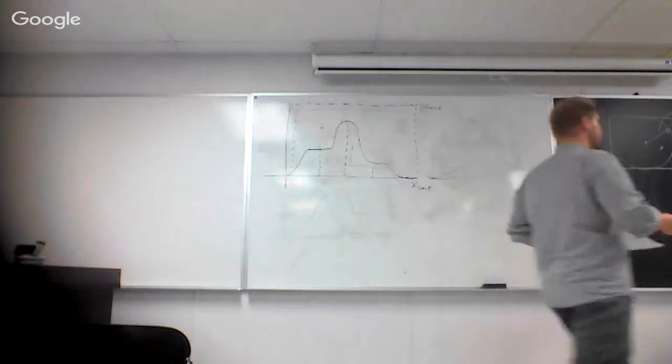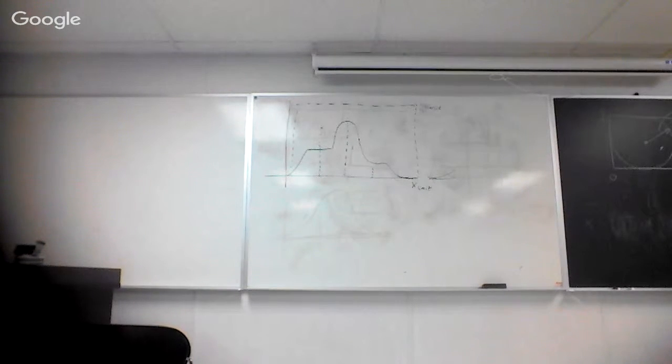And so the ratio of the acceptance over the acceptance plus rejection, what's that going to be equal to? What's the ratio in areas?